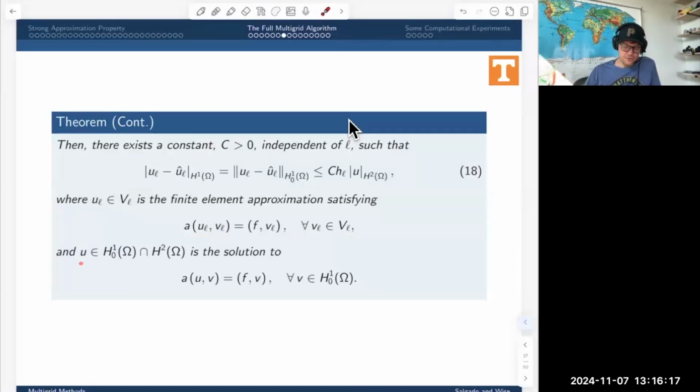And U is the true solution for the problem in this infinite dimensional space H01.